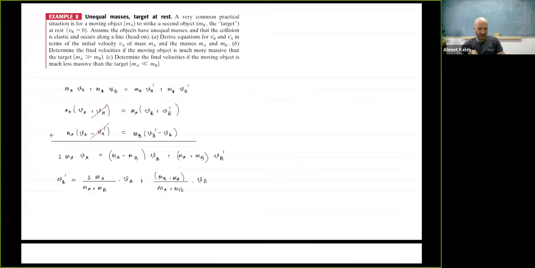So I have something purely in terms of initial velocities and masses and VB prime.